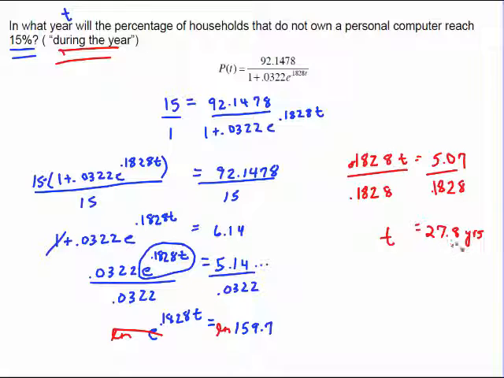We have to take this 27.8 years and add that on to 1984, because it asks during the year, in what year, which would mean during the year. So if you add 27.8 to 1984, that's going to give you sometime during the year 2011. So in the year 2011, we're going to end up with 15% of households that do not own a personal computer.